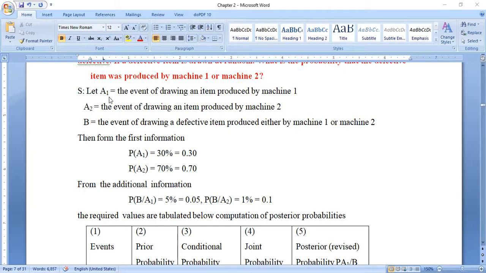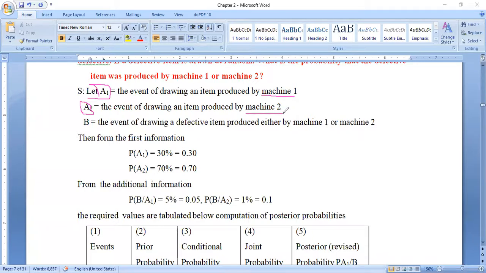Let A1 be the event of drawing an item produced by machine 1, and A2 the event of drawing an item produced by machine 2. Instead of writing machine 1 and machine 2, M1 and M2, simply you need to write A1 and A2. A1 indicates the event of drawing an item produced by machine 1, first part completed, and A2 the event of drawing an item produced by machine 2, this is the second one.